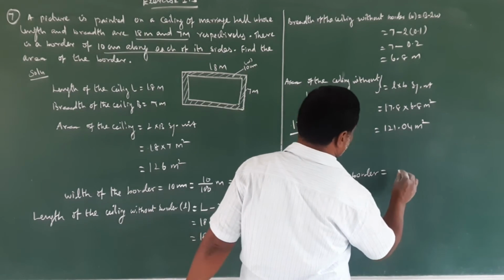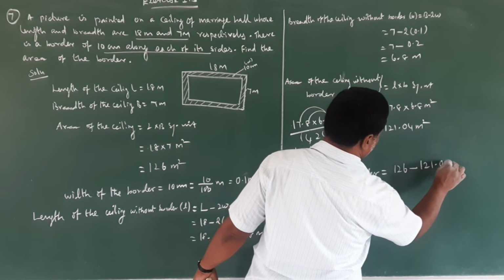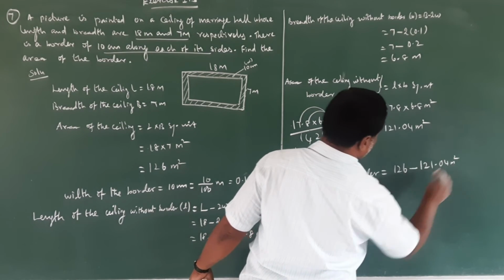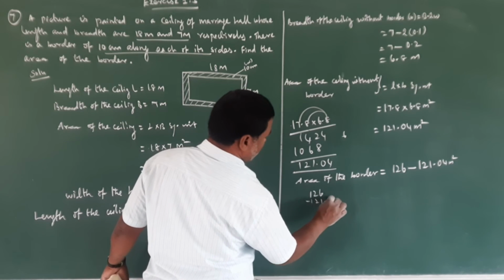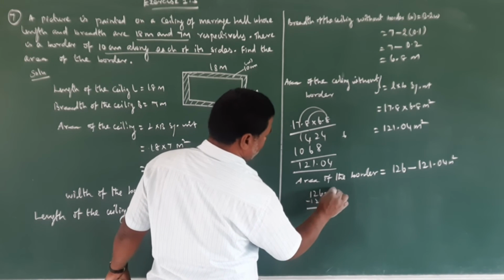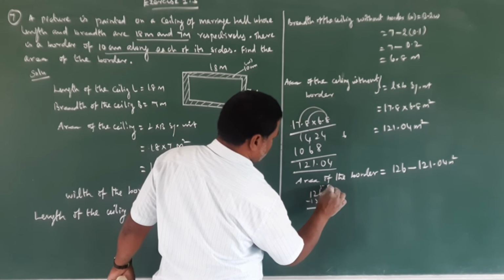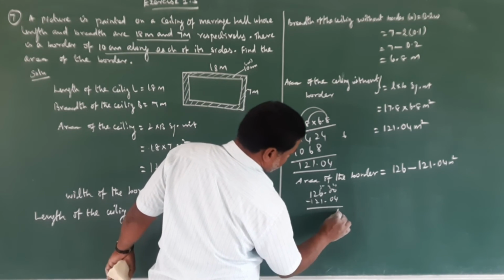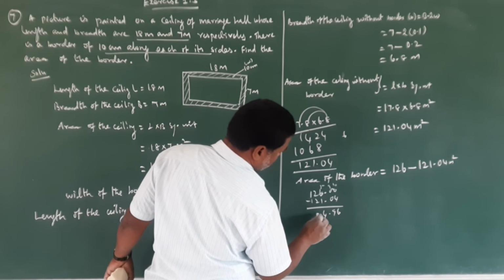Now area of the ceiling 126 minus 121.04 meter square. And you subtract 126 minus 121.04. Answer 4.96.